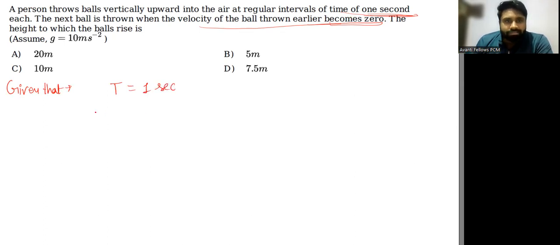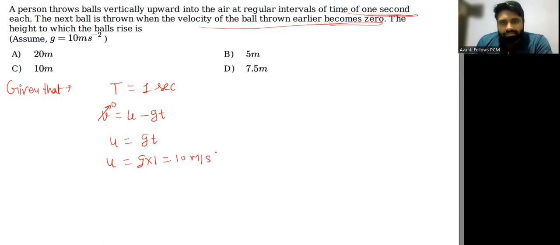So we can apply the equation of motion v = u + at, because the ball has been thrown with some velocity. We need to find the initial velocity first. So v = u - gt. V at maximum height becomes 0, so u = gt. With g = 10 and t = 1, u is 10 meter per second.